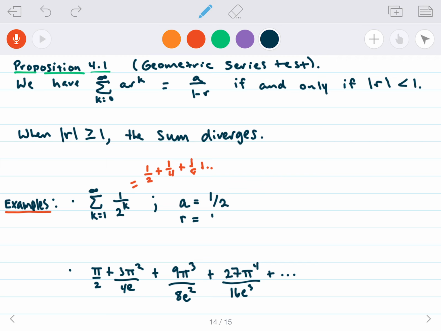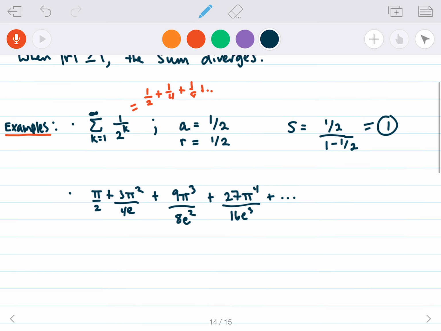And so that's going to be our common ratio. Since the absolute value of our common ratio is less than 1, we can use this formula to compute the sum. The sum is going to be a over 1 minus r, and so that is just going to be 1, which agrees with what we did in a previous slide.